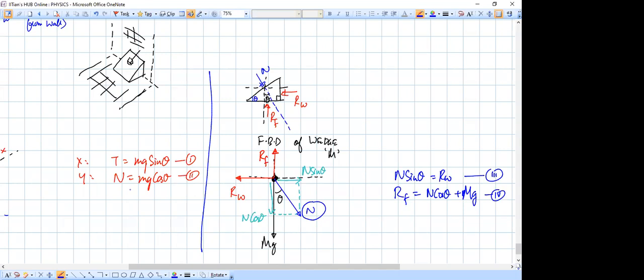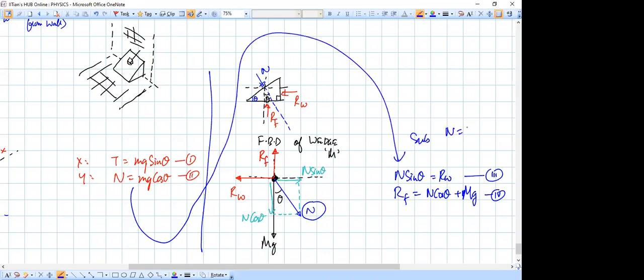So you'll have to substitute the value of n from both of these, small mg cos theta. So doing that, you will see.